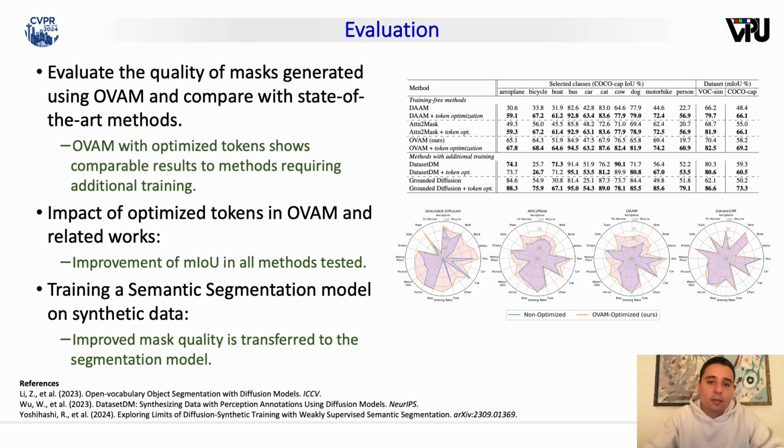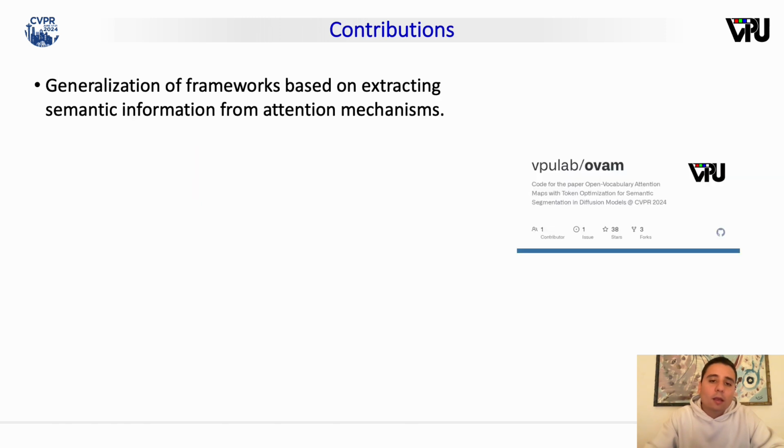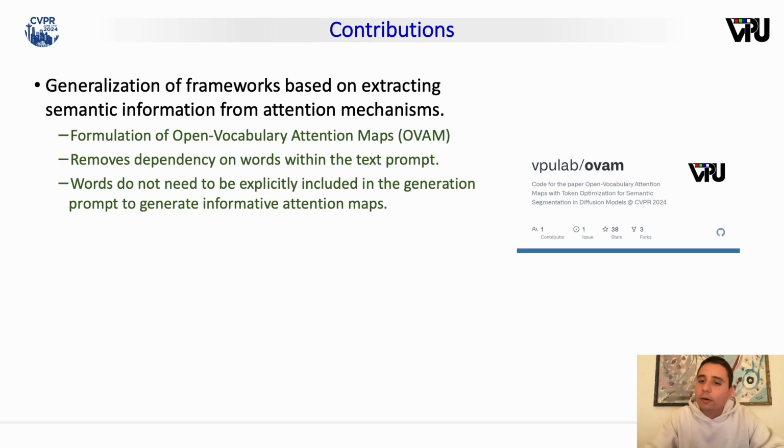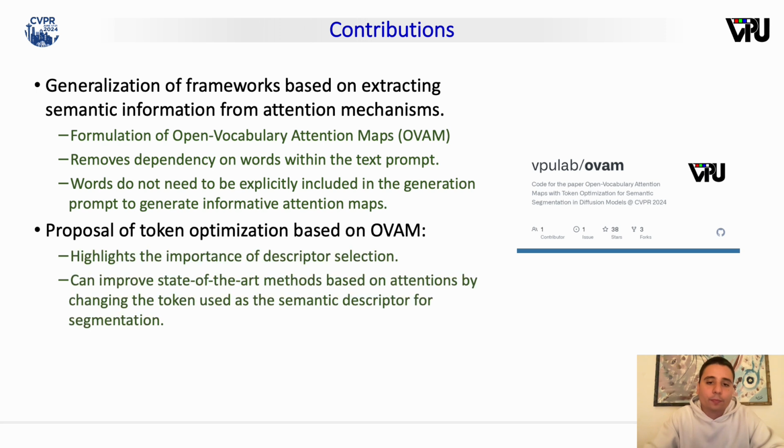To recap the contributions of our work: our proposal generalized the current framework by formulating open vocabulary attention maps, removing the dependency on words within the text prompt, and this also shows that words do not need to be explicitly included in the generation prompt to create informative attention maps.